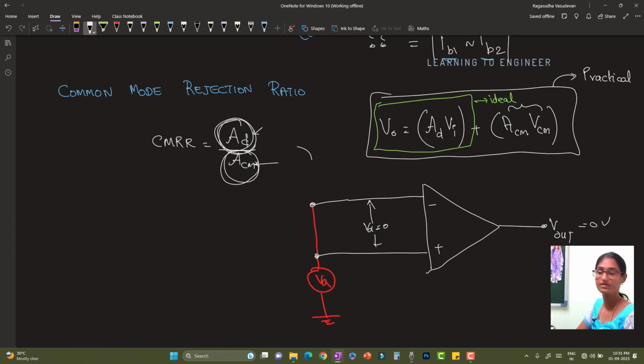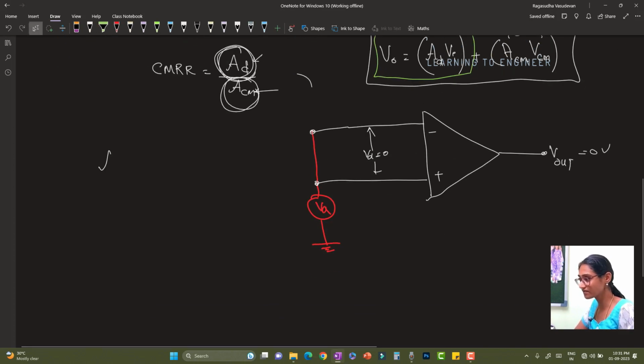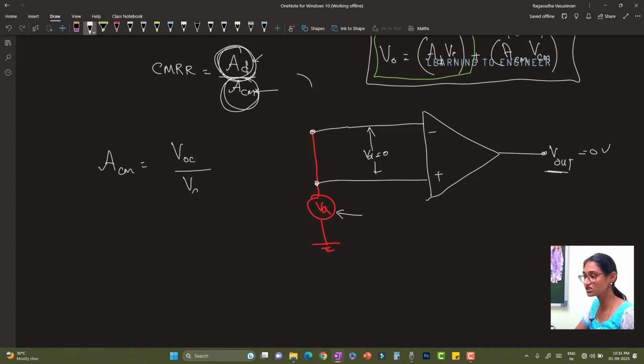The common mode gain will be the output at the terminal due to this common input voltage. I am denoting it as VOC divided by VA. VA is the common input which is applied and VOC is the common output. So what is the common mode gain? It is VOC divided by VA.